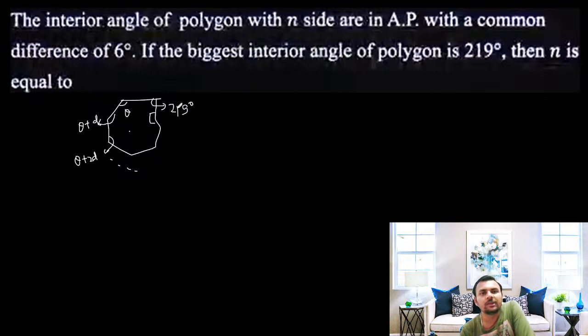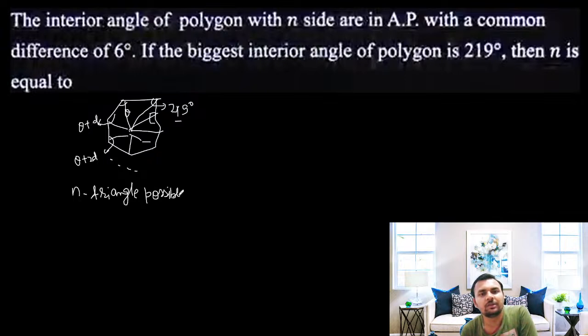Now what will happen if it is n sided? If you see, we have n triangles possible, so 360 from n triangles. In each triangle we have 180, so 180 into n minus 360 is the sum of all the angles.